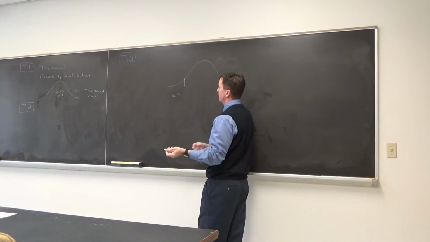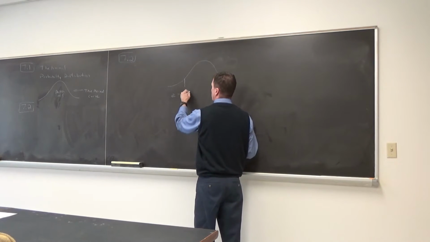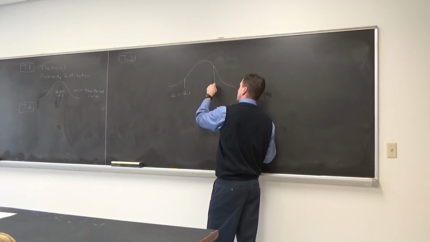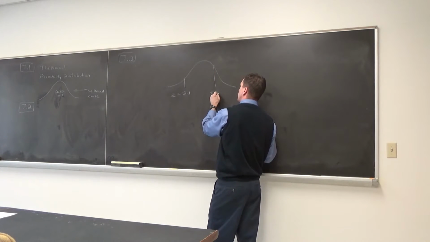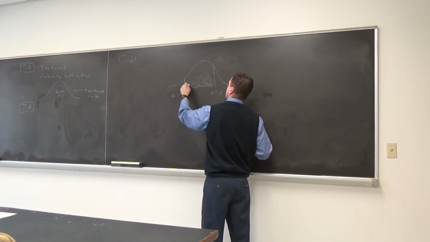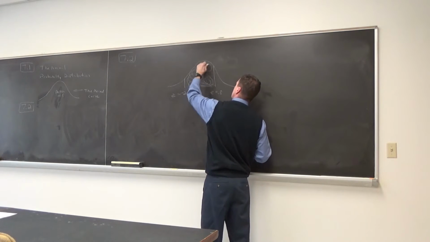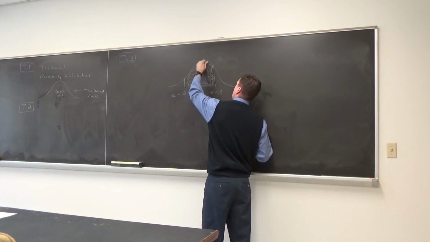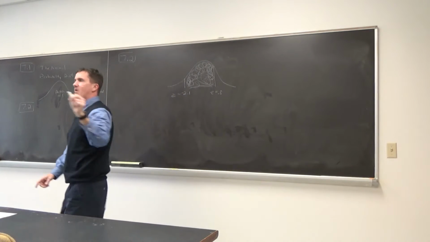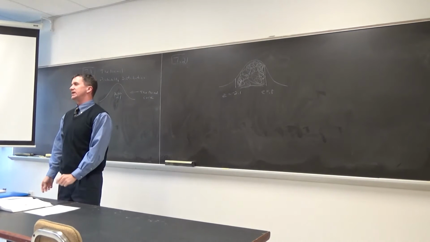Now I'm going to make it up: z equal to -2.1 right there, and over here, z equal to 0.8. And I'm going to shade inside this bell curve here. Now if I shaded the whole bell, do you agree I'd get an area of 1? All right. We're going to find the area between there using the technology.